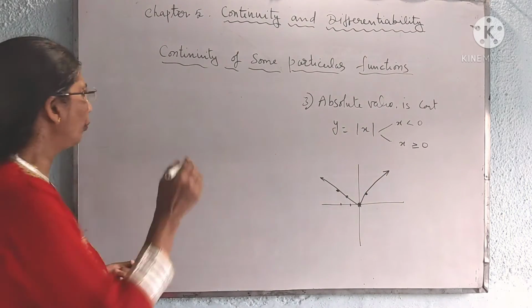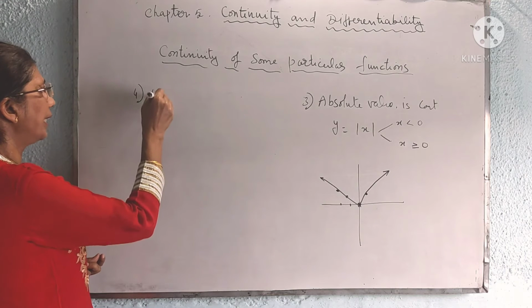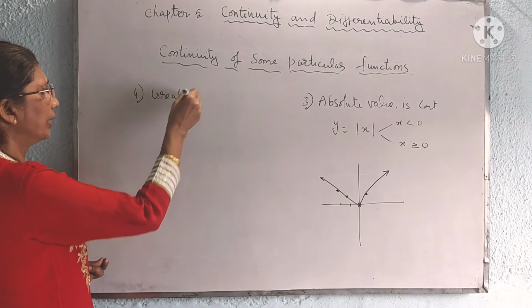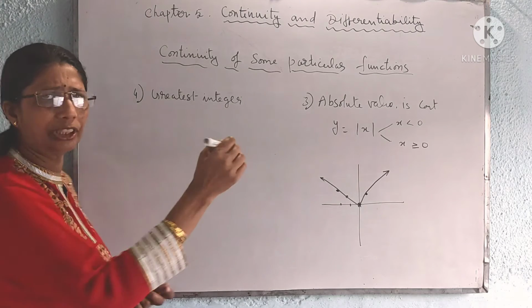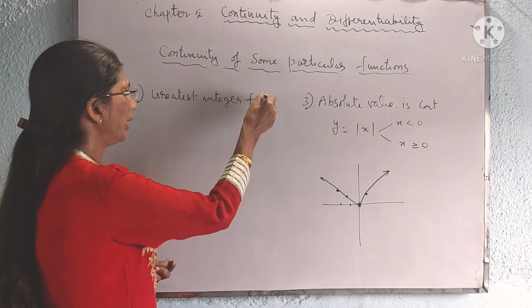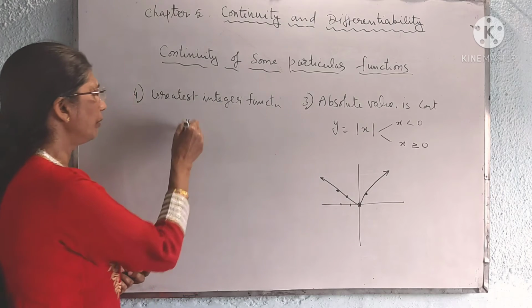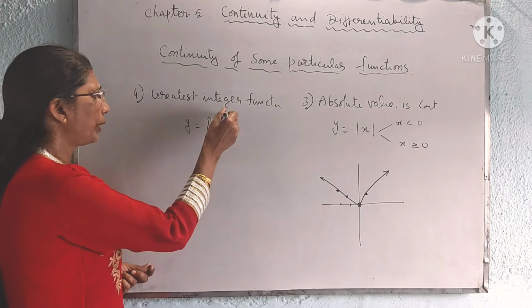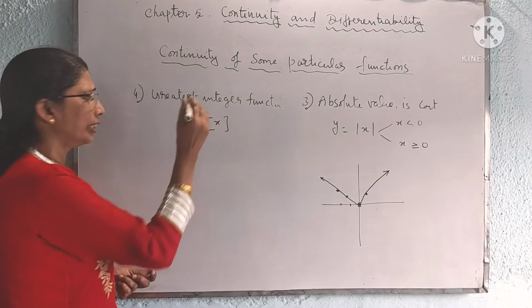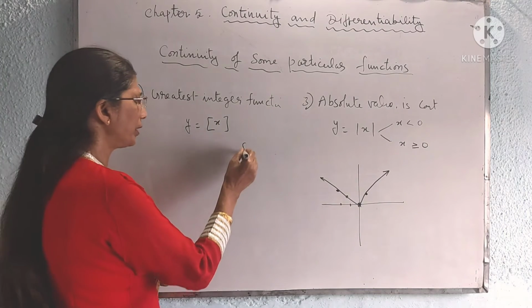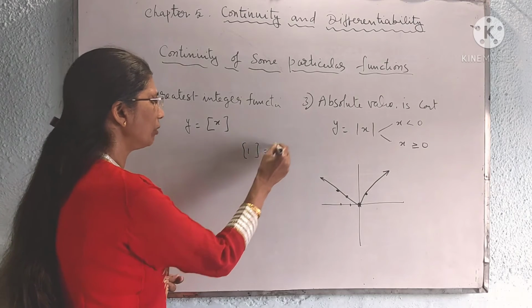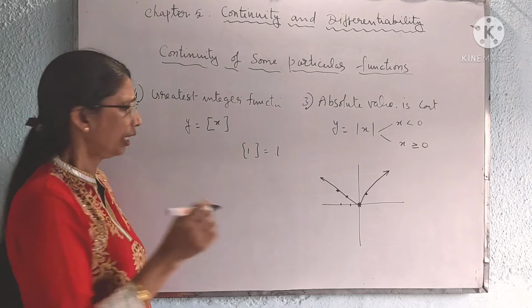Okay. Next, fourth one, greatest integer function. What is the meaning of greatest integer function? When we are writing y equal to [x], that is the greatest integer function. Greatest integer of 1 is 1 only, this is an integer.